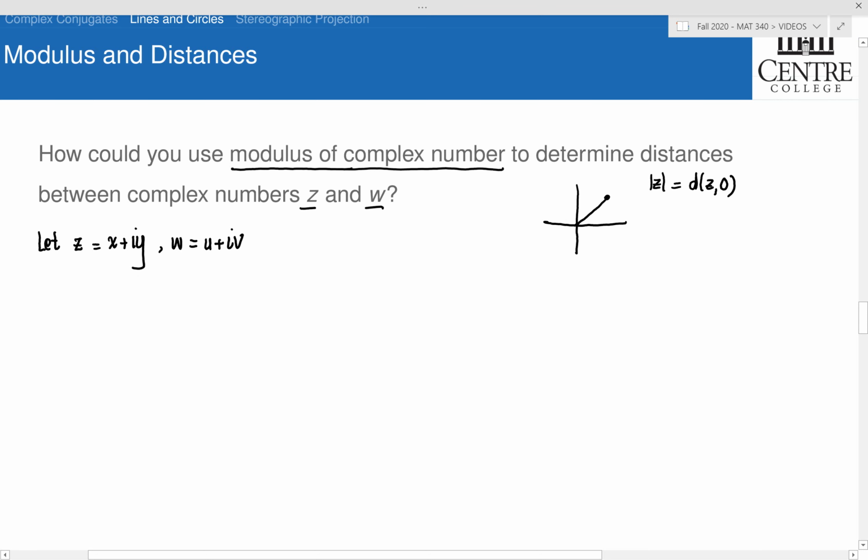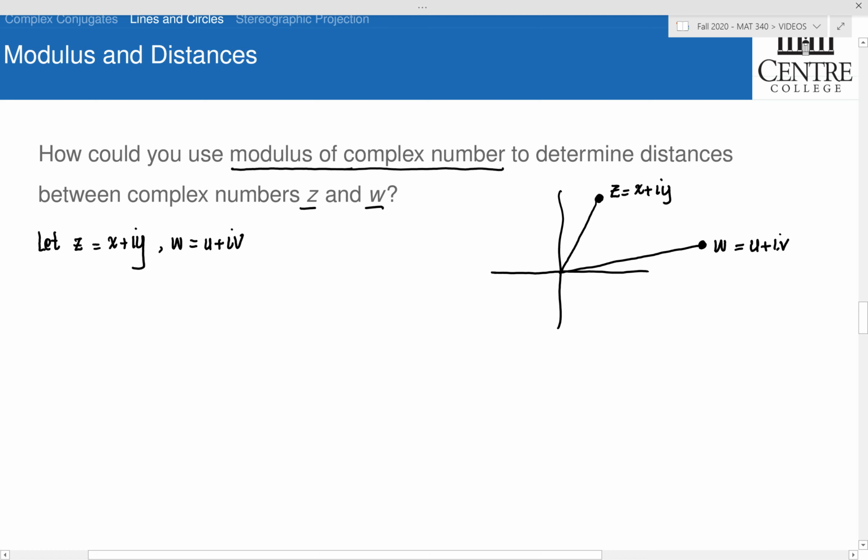Let me erase this picture and draw another one. Let's say z is here, which is x plus iy, and for convenience, let's say w is right here, which is u plus iv. Now, do we know how to find the distance between z and w?